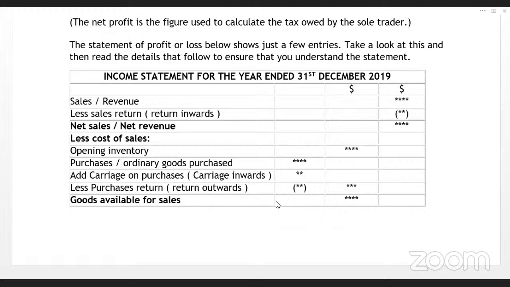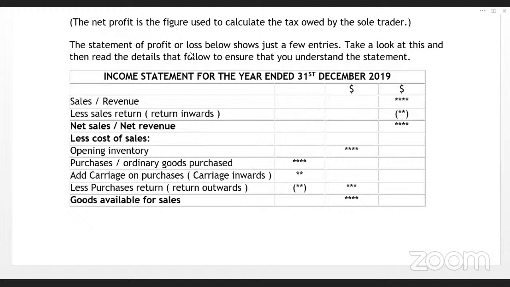So it's one of those financial statements which a business can prepare. Hope I've answered you.